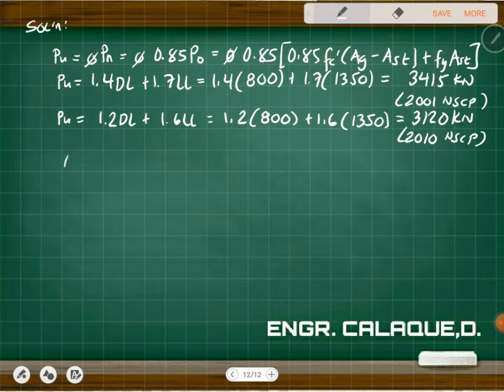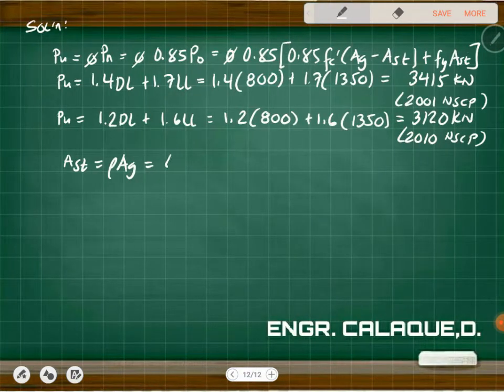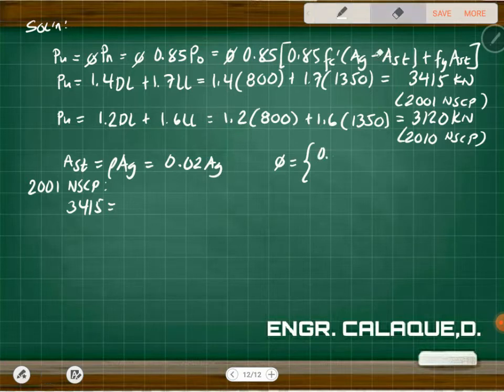Next is yung Ast. That is steel ratio times the gross. So, assume daw natin na 2%. So, we have 0.02 nung gross area. Okay? So, thus, substitute na natin lahat. So, based on 2001 NSCP, meron na tayong 3415. And then, yung phi natin is 0.75 lang, no?